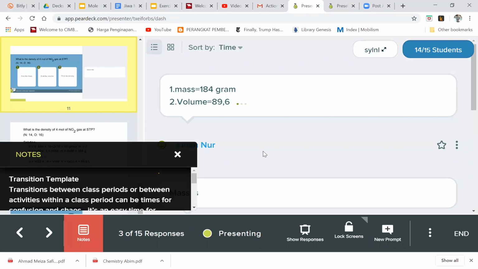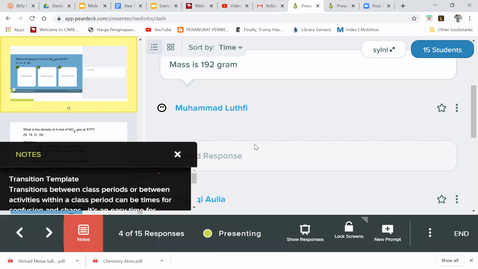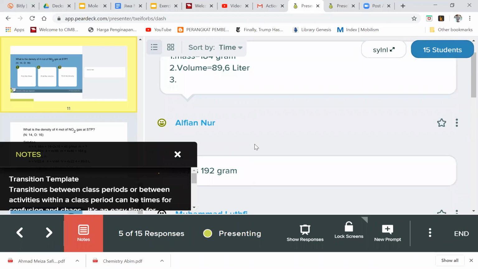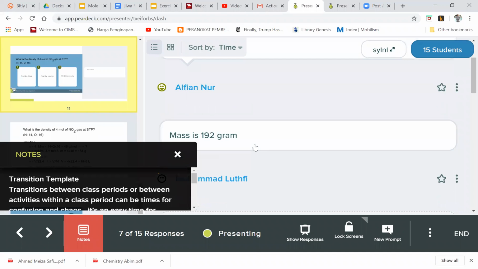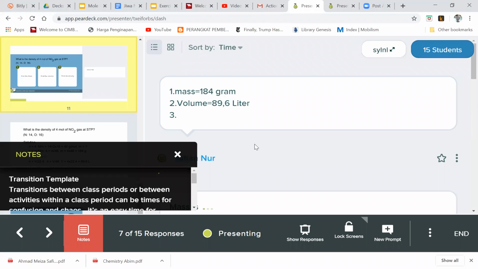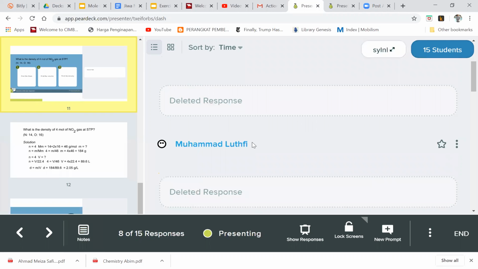Alfian Nur. Okay, Alfian Nur. Very good. Your answer is true, Alfian Nur. For the mass and the volume, how about the density, Alfian Nur? Lutfi, you're writing the mass wrong. Calculate the mass again, Lutfi. Okay.